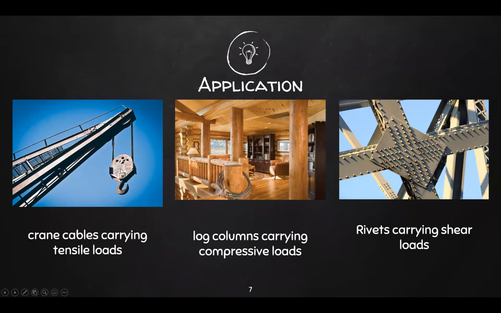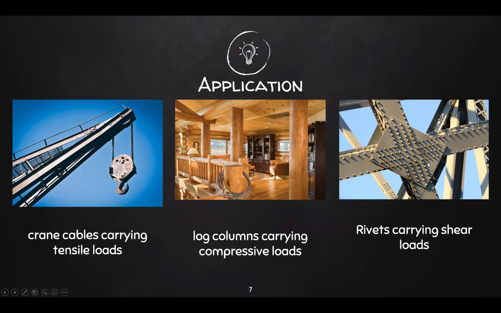So therefore, these wires experience tensile stress or tension stress. Next, we have log columns carrying compressive loads. So generally, columns are great for resisting compression, but they act very poorly when resisting tension.